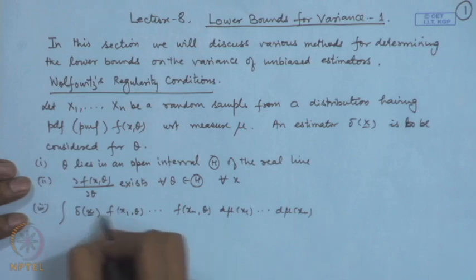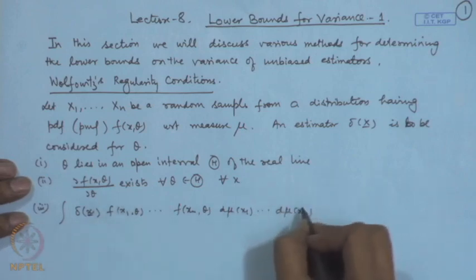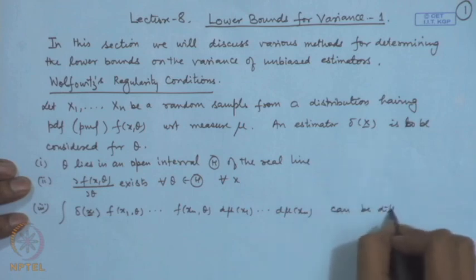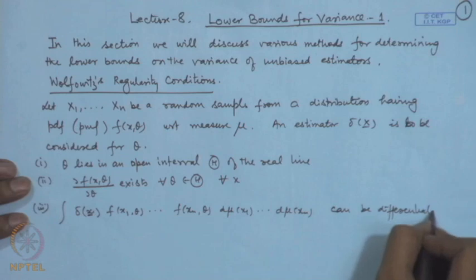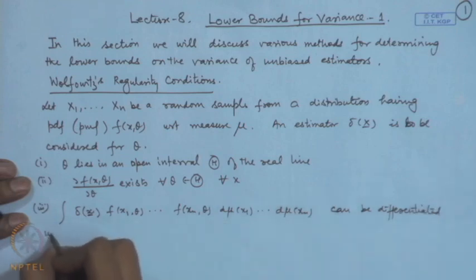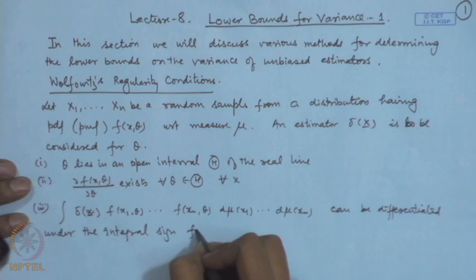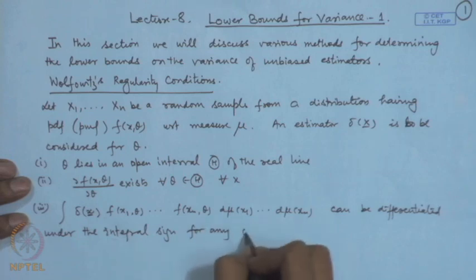So, this is an n-fold integral or summation. This can be differentiated under the integral sign for any delta such that this is an integrable function.